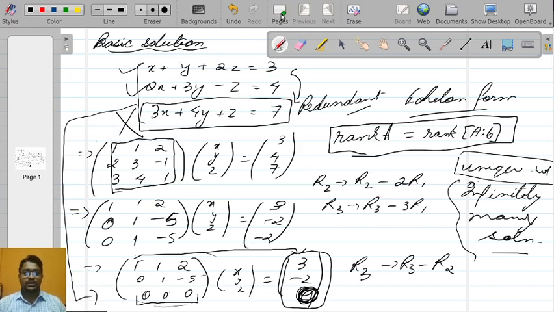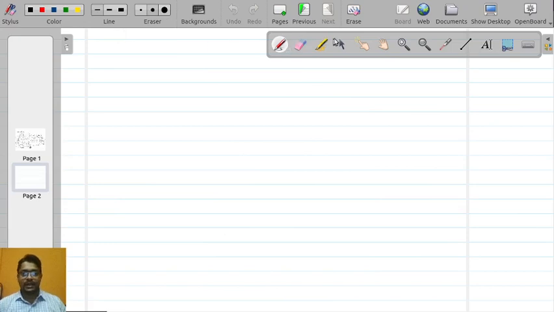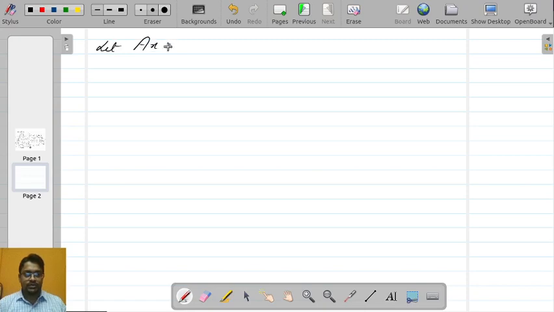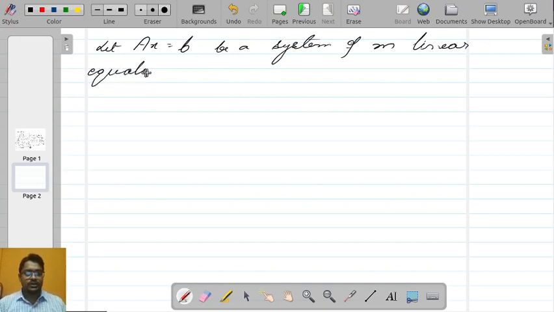In general, if m is less than n. Okay, so let us take the general case. Let Ax = b be a system of m linear equations in n unknowns.